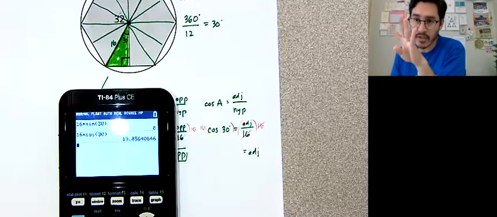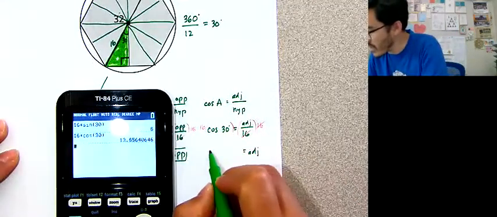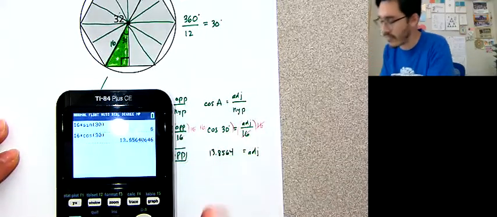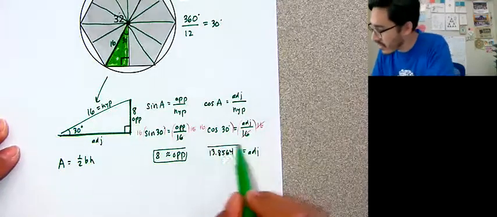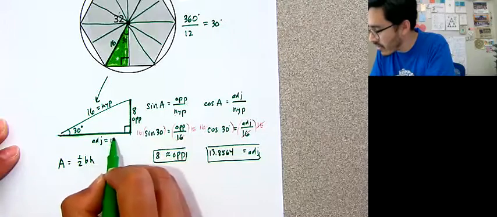So I'm going to round 4 digits now, and then when I get to my very last answer, I'll round to 2 digits. So I'm going to record this as 13.8564, and we'll write it here.